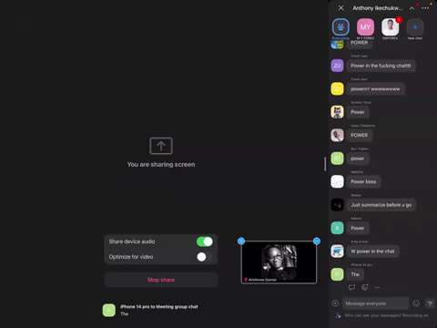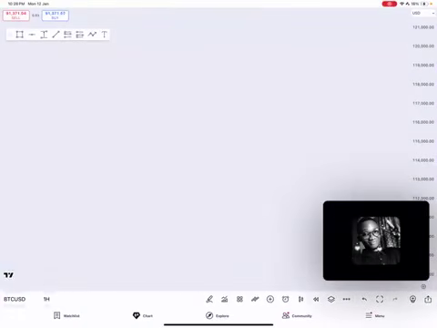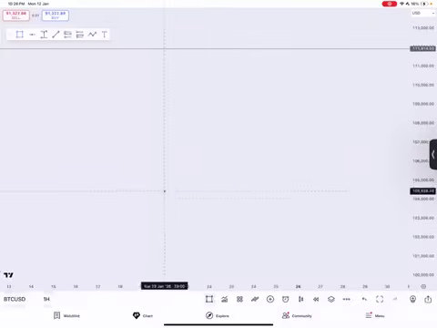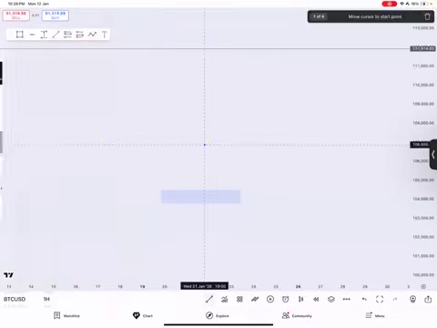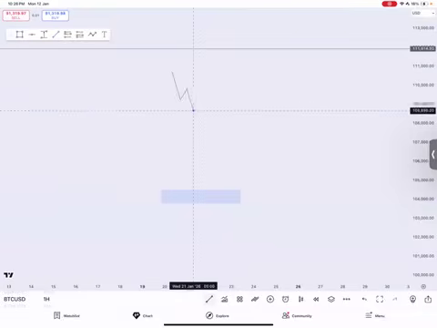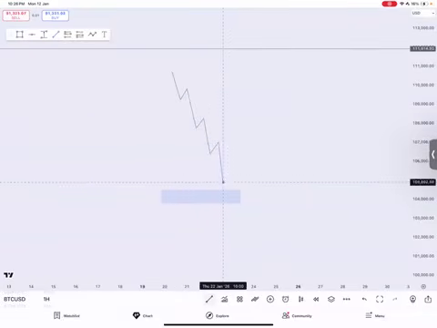The structure part is just to know whether you're looking for sells or buys, because it's quite easy. Let me just give you guys a quick quiz. Let's assume that you have a zone here. Then price is giving you lower highs, lower lows, lower highs, lower lows.